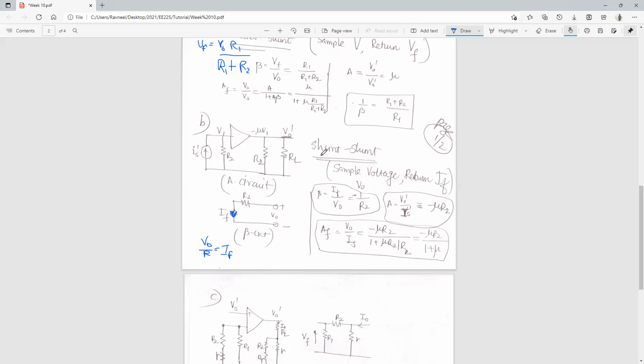In this particular case, since it's a shunt topology, your output becomes your input to the beta circuit. So let's assume that your current is flowing in this particular direction, in anti-clockwise direction.